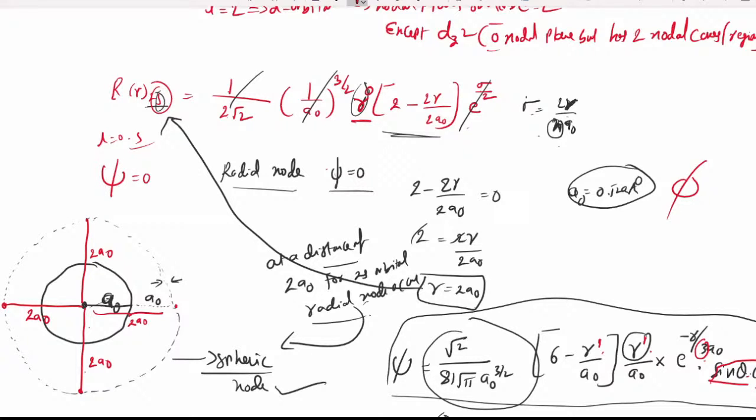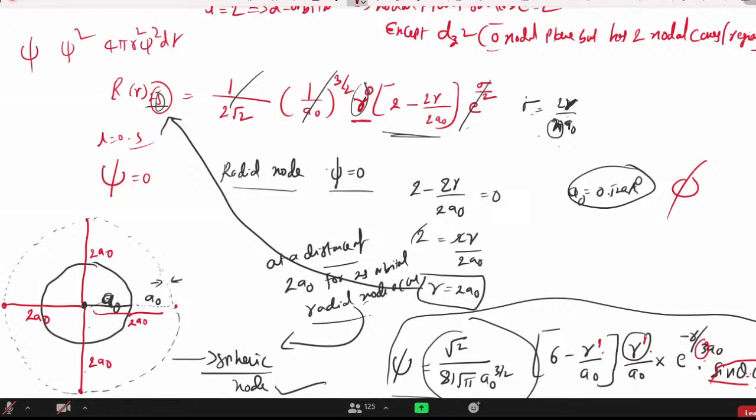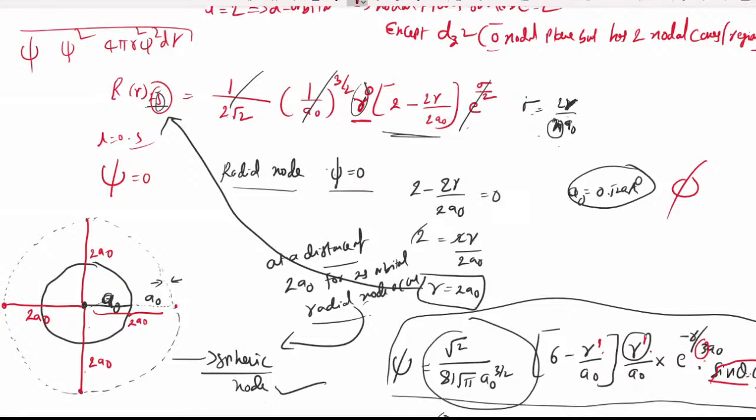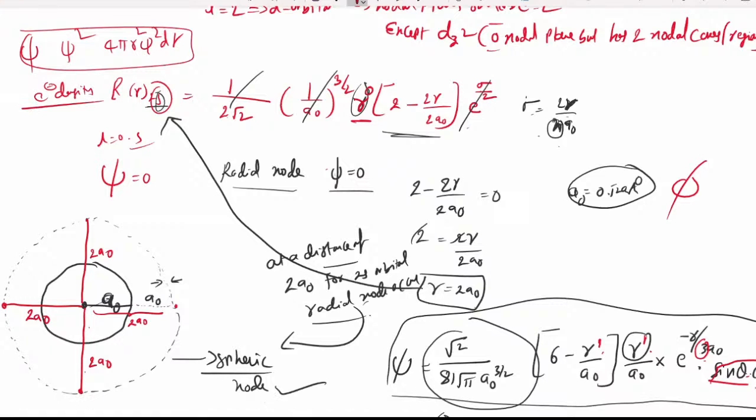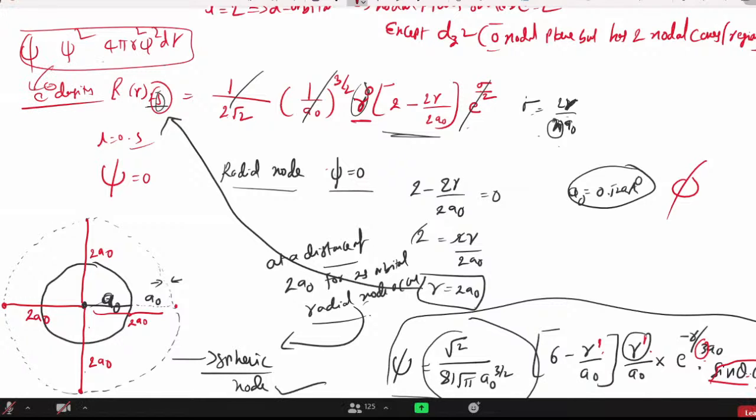Sir, what is the difference between electron density and 4 pi r square psi square dr? Psi square and 4 pi r square psi square dr, is that the difference you want? All these are indicating electron density only. Sir, but psi will not represent electron density.